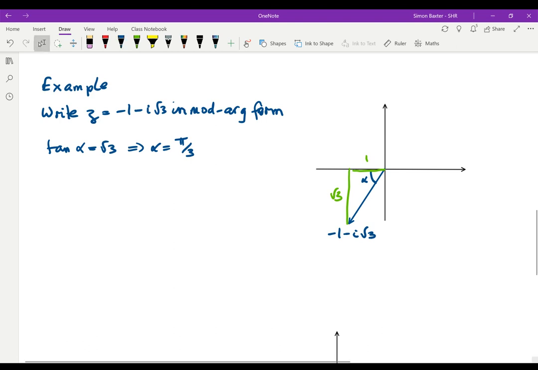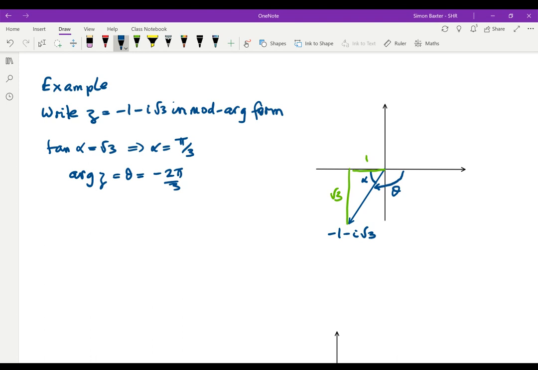Remembering that the argument is the angle made with the positive x-axis, that angle is going to be negative, so my argument theta, arg z equals theta, is minus 2 pi by 3.